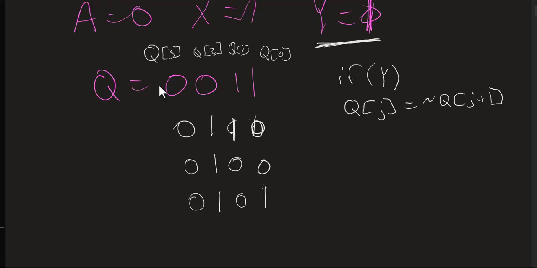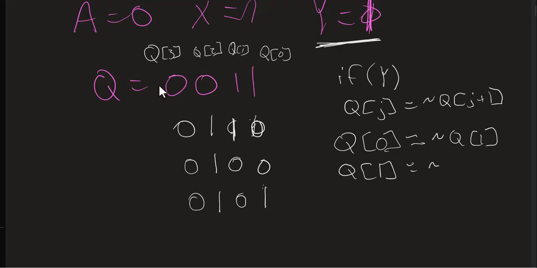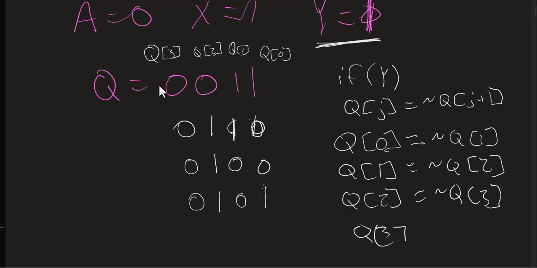Yes. Okay, so every time, Q0 is going to become equal to the not of Q1, Q1 will become equal to the not of Q2, and Q2 will become equal to the not of Q3, and Q3 is going to equal A. We were just told A is always 0, so Q3 is always 0.